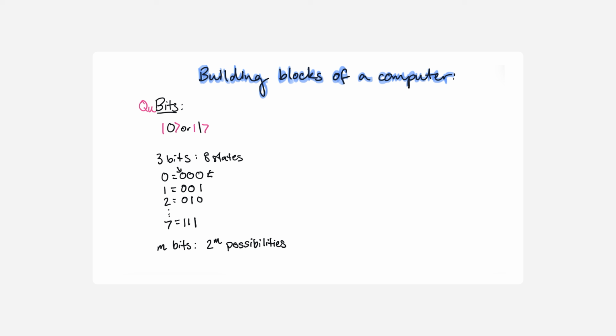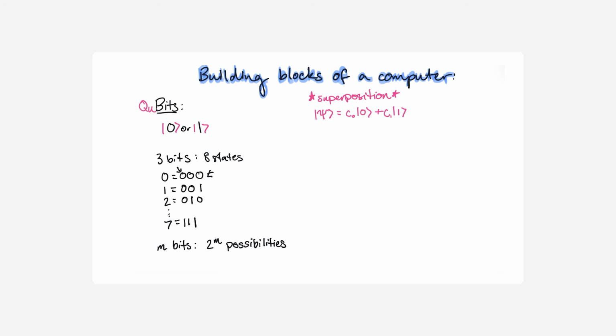But unlike a classical bit, a qubit doesn't have to be only 0 or only 1. A qubit can also exist in a superposition of both states. A general superposition of a single qubit looks like this: |ψ⟩ = c₀|0⟩ + c₁|1⟩.